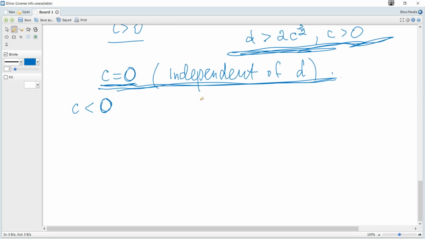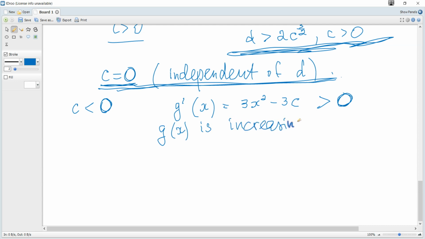And if we consider the derivative of g, it becomes 3x squared minus 3c, and when c is negative, it's positive, and it implies that function g of x is always increasing, and hence it looks similar to x cubed, and there will be only one x-intercept.